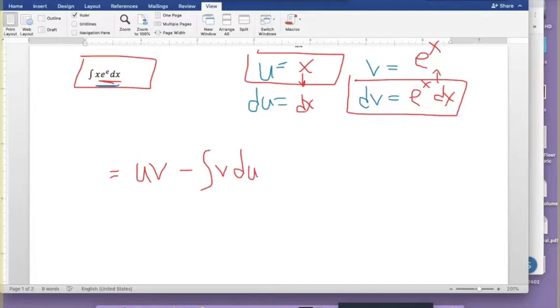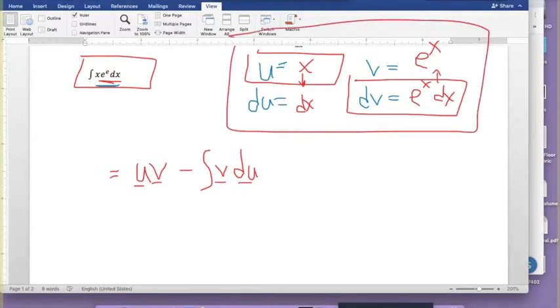And we're going to populate this with the little inventory we created, the shelves that we built. So the u is x, the v is e to the x, minus the integral. Well, the v is e to the x, and the du is dx.